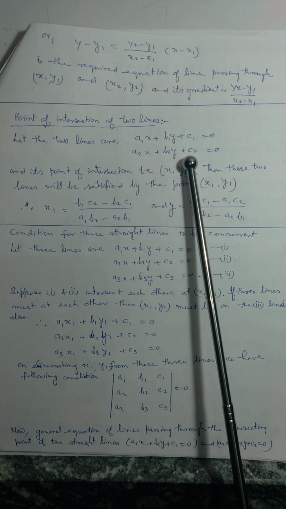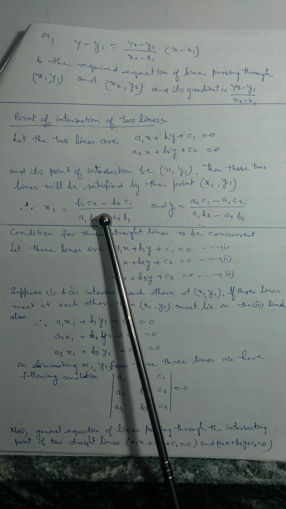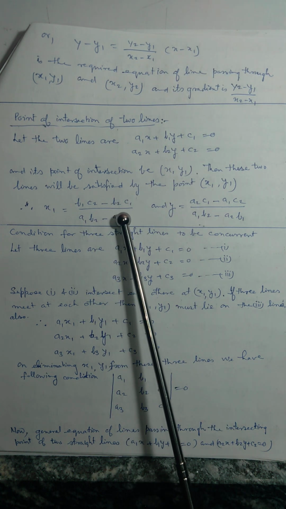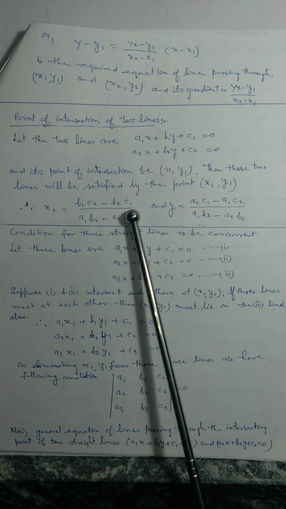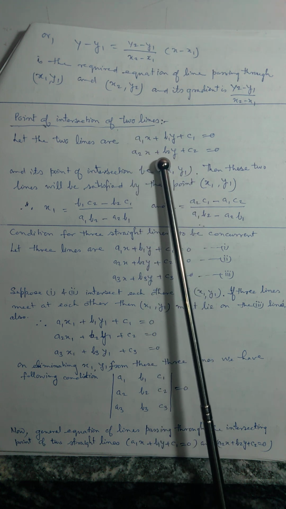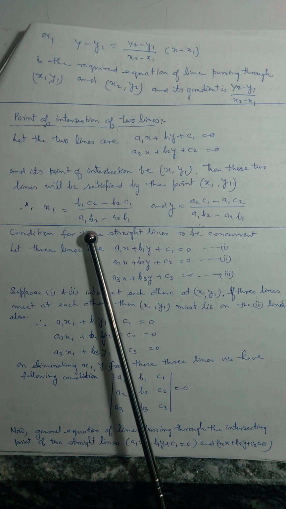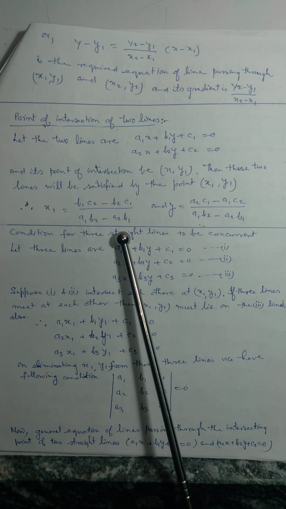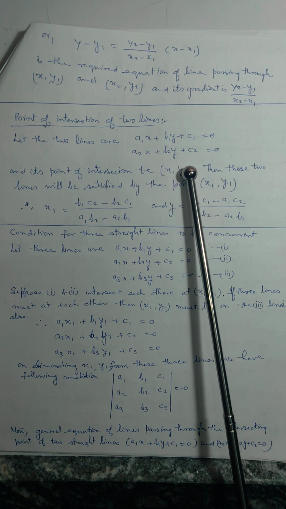So left to down, LD, means b1 into c2, minus LU, left to up, b2 into c1, whole divided by a1 into b2 minus a2 into b1. This is by the cross multiplication method.